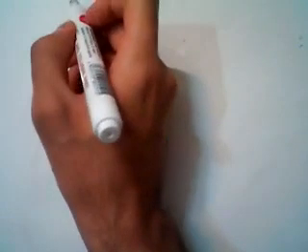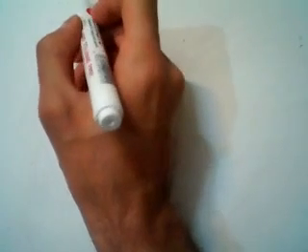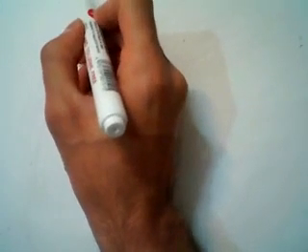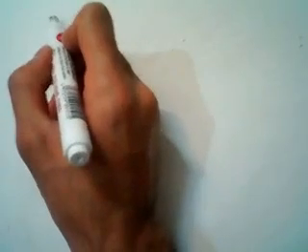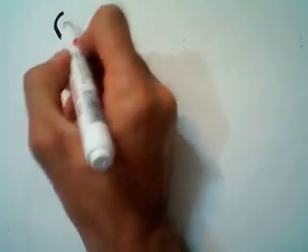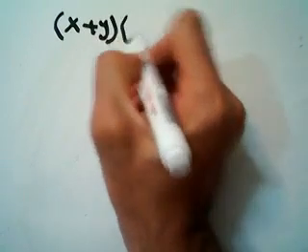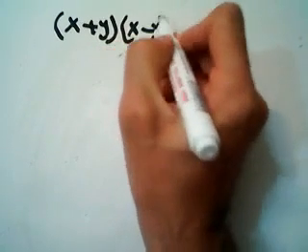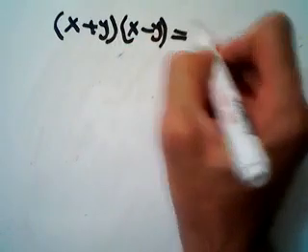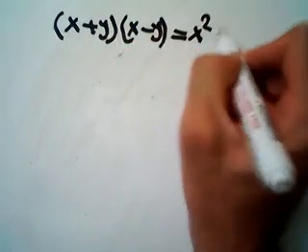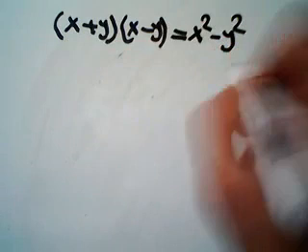The next identity I like to talk about is x plus y times x minus y, which is equal to x squared minus y squared.